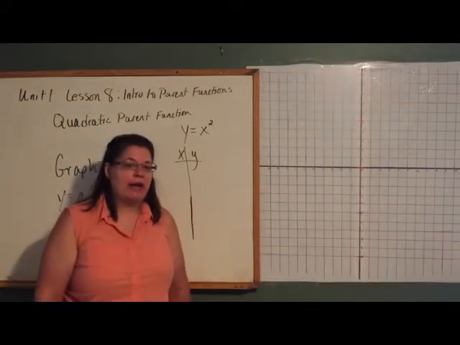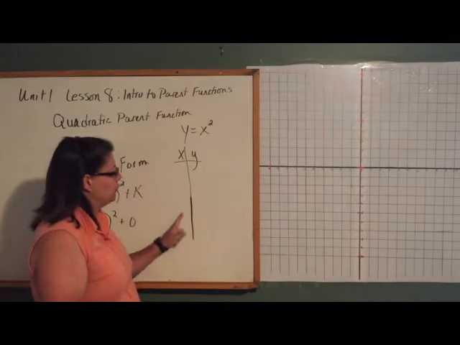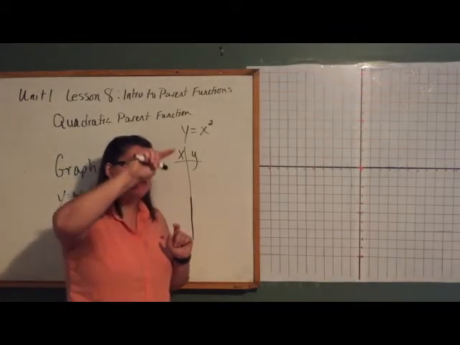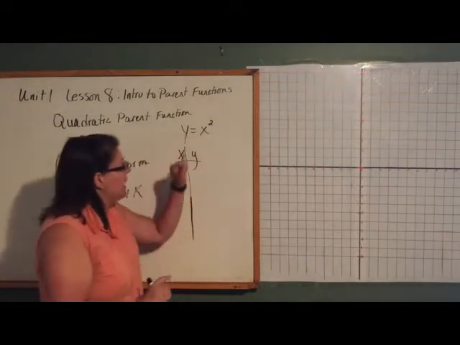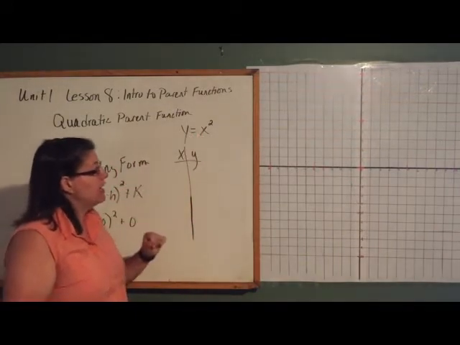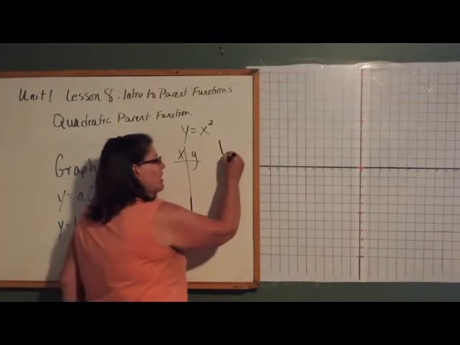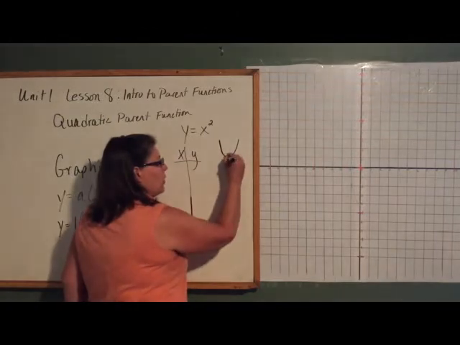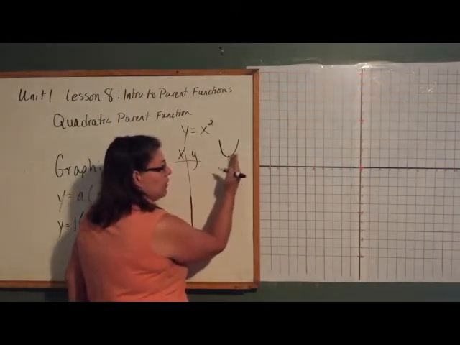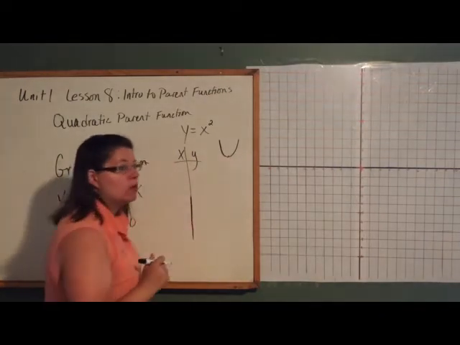To see what the graph of this parent function looks like, I'm going to choose values for x. Now, keep in mind, you know a parabola is going up and down because our a value is positive. We also said that the vertex of this parabola will be at (0, 0). So we know that part of this parabola is going to be to the right of the origin, part of it is going to be to the left of the origin.